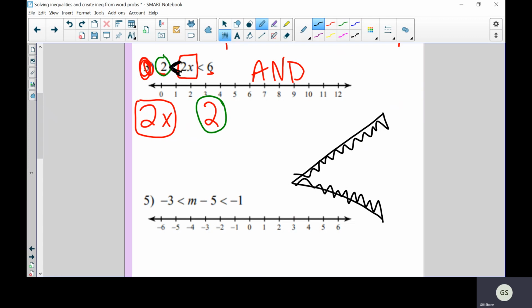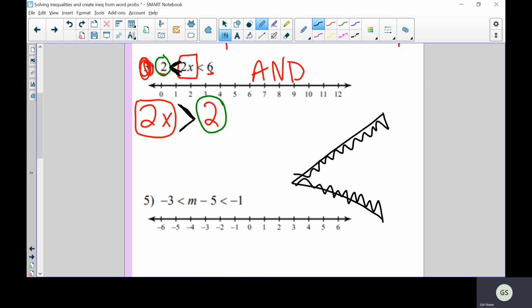Well, when we flip the sides, and I moved the 2x to the left and the 2 to the right, the 2x still has to be greater than the 2. Just because I flip the sides doesn't mean the value of either of them changed. So if 2x has to be greater than 2, I've got to flip that sign. It's the bigger number. So I have to flip the sign.